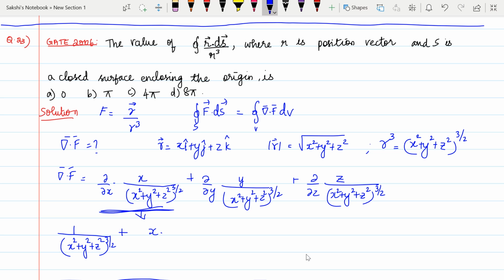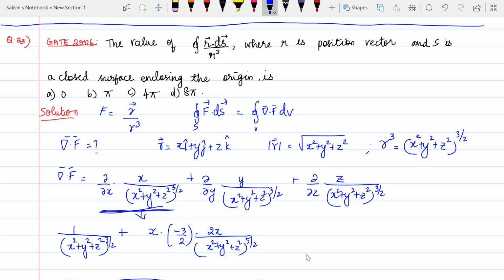So now when I differentiate this v prime u, I'm going to get minus 3 by 2 into 2x, the whole divided by (x square plus y square plus z square) the whole power 5 by 2. This 2x is from the derivative of x square.